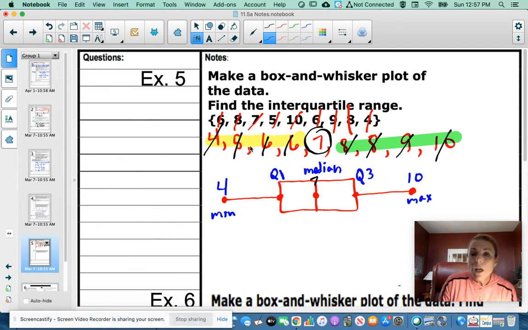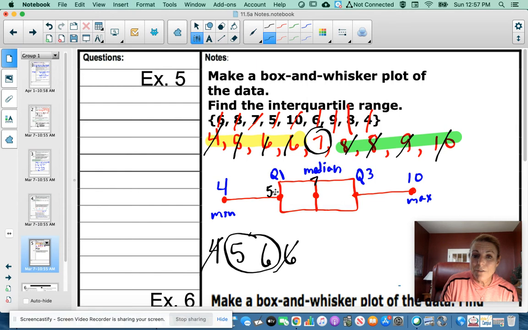So now the median of 4, 5, 6, and 6. There's 2 medians. So then the median is the average of the 2, which is going to be 5.5. Over here, we have 8, 8, 9, and 10. Same thing. There's 2 middles.